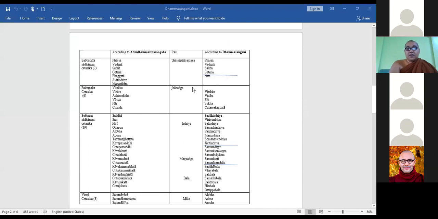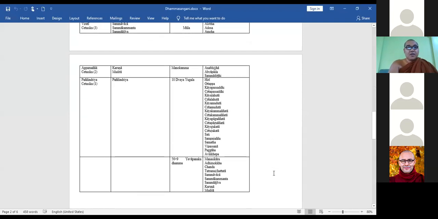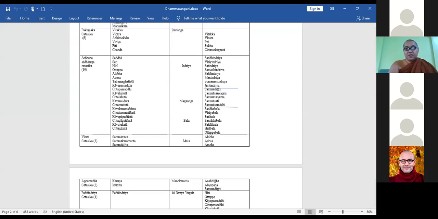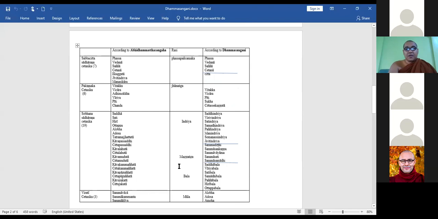But if we compare with the Dhammasaṅgaṇī Pali, the first paragraph of the Dhammasaṅgaṇī, last night I sent you the first paragraph, Katame Dhamma Kusala, right?